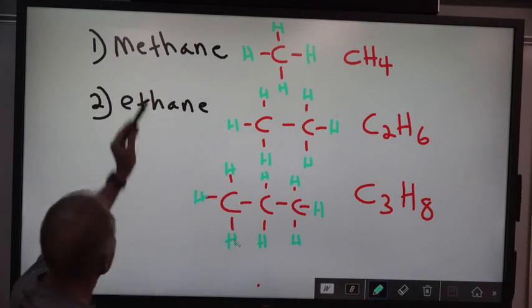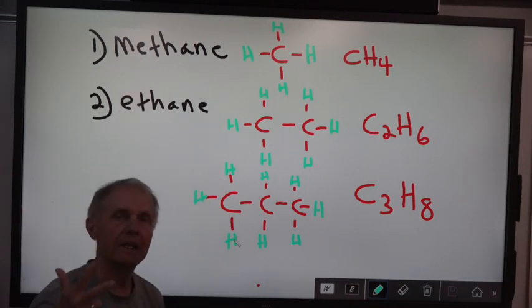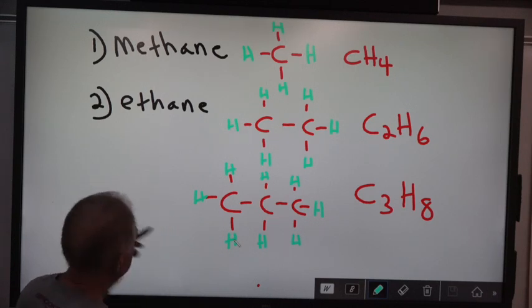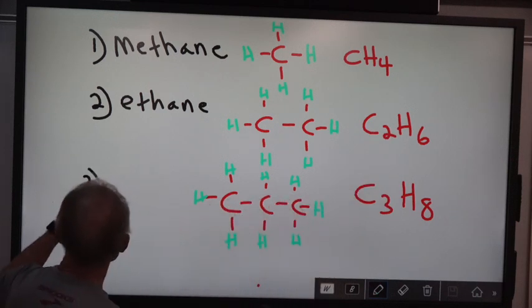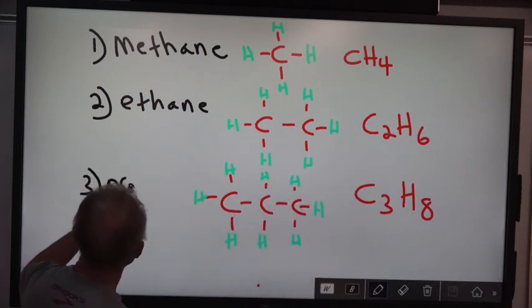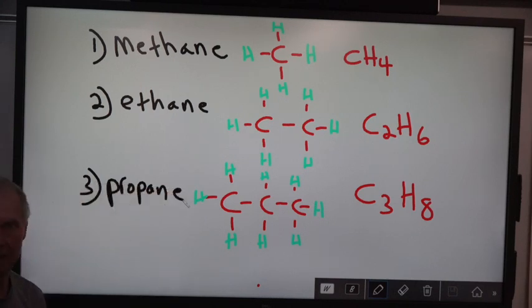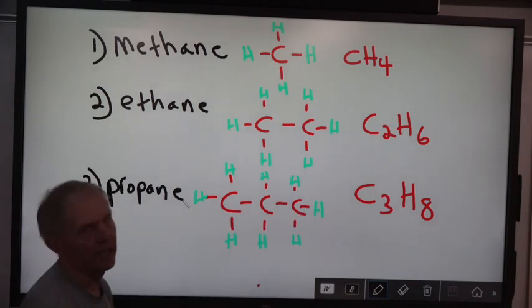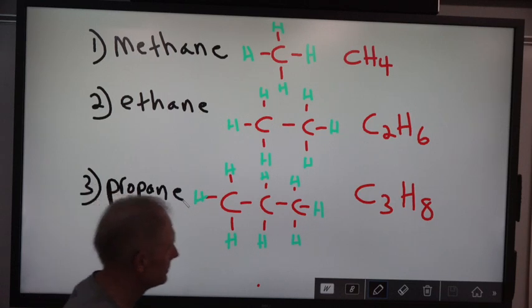Now, we have methane, ethane. The third one down is an easy one to remember because people use it in their gas grills. Number 3. Propane. So, propane, there it is, C3H8. Okay? Now, we're going to go down to number 4.